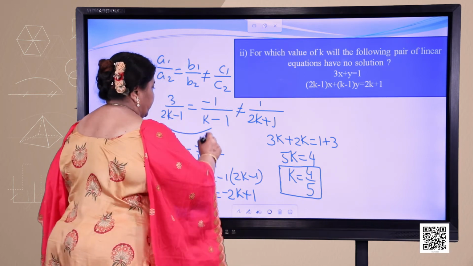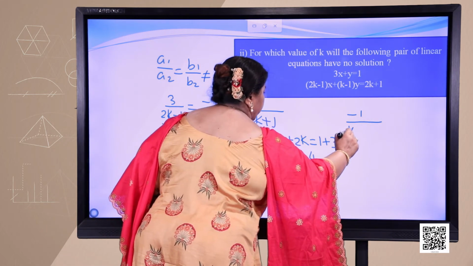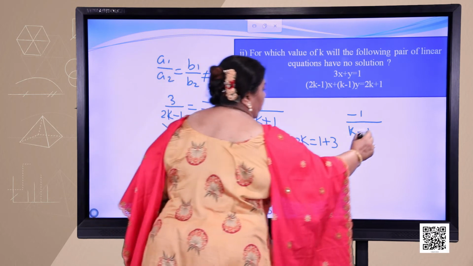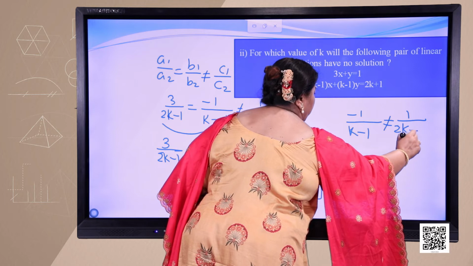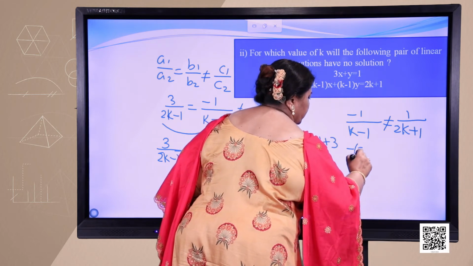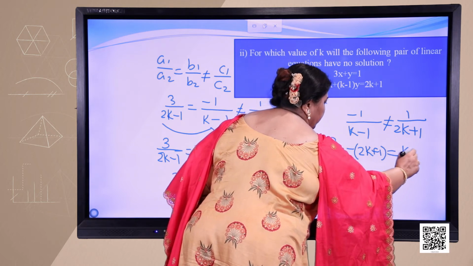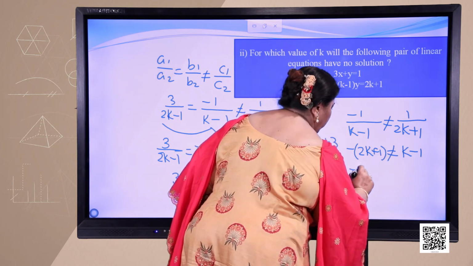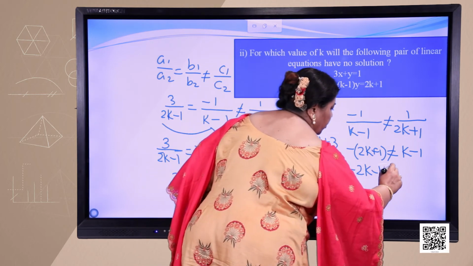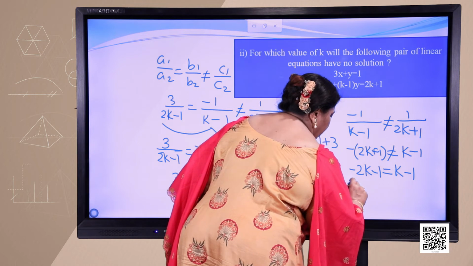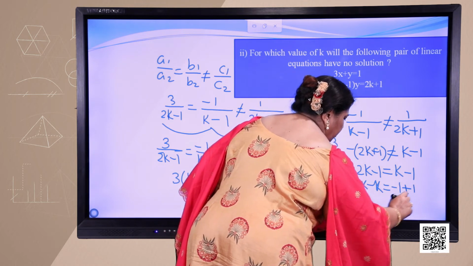Now, if I see these two, minus 1 upon k minus 1 is not equal to 1 upon 2k plus 1. So, minus 2k plus 1 is equal to k minus 1 or minus 2k minus 1 is equal to k minus 1, minus 2k minus k is equal to minus 1 plus 1.